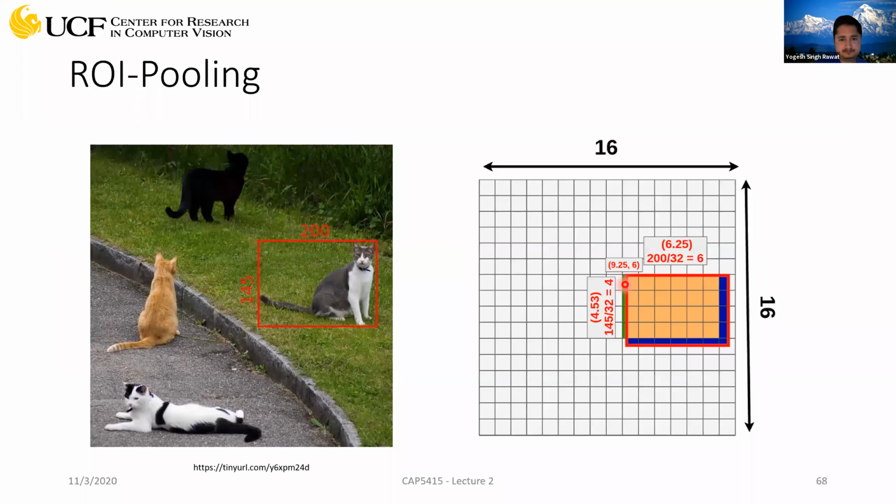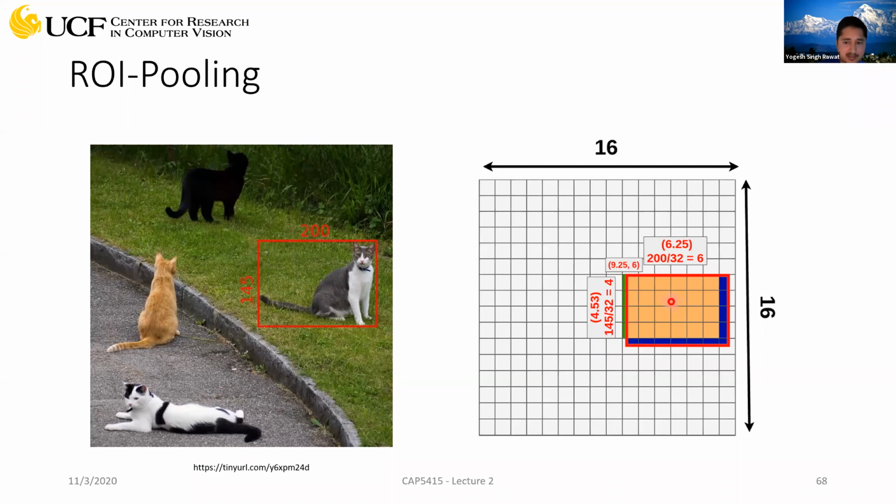Okay, so another important thing here to note is, the features you are getting at this particular location, right? It doesn't mean that to get this activation, you only considered features from this location, right?